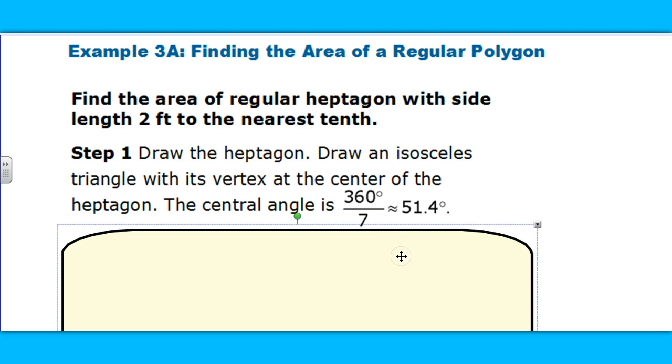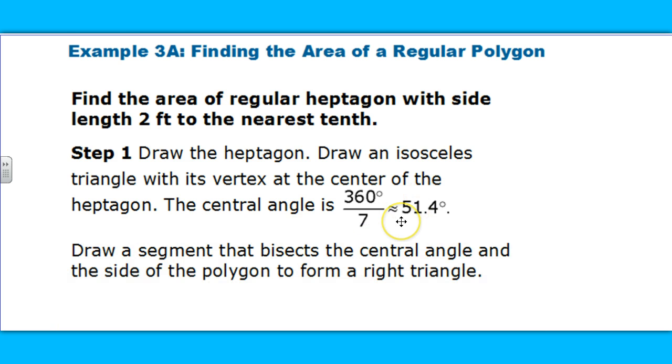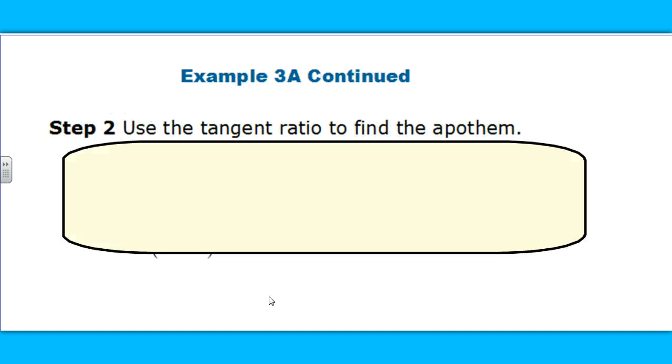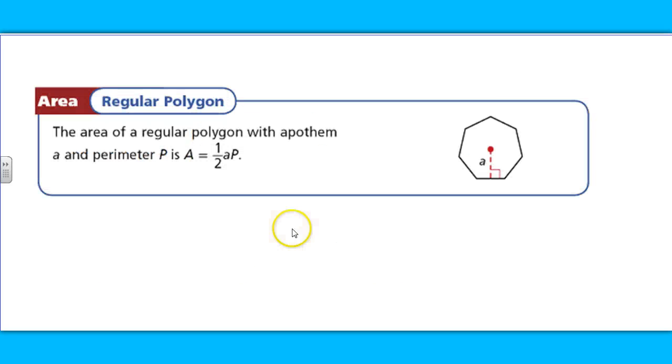And so the central angle is actually 51.4 degrees. So now we can draw a segment that bisects the central angle and the side of the polygon, and that's our apothem, right? So when we do that, let's look back here.